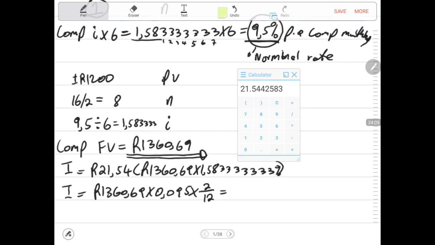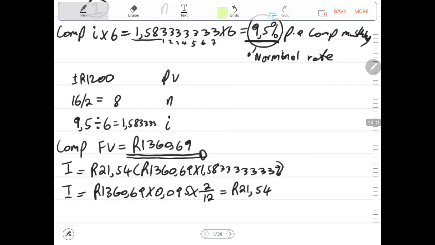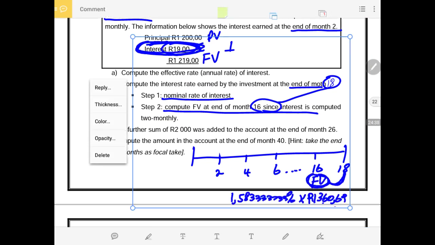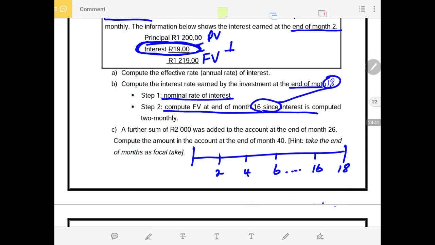So let us see how much we get. 1,360.69 times by 0.095 times by 2 months out of the 12 months. We only need it for one period. We get exactly the same 21 rand 54 cents. I like to explore questions of this nature in more detail so that you can use any of the methods that will be comfortable to you. With that, guys, I think I made myself very clear.